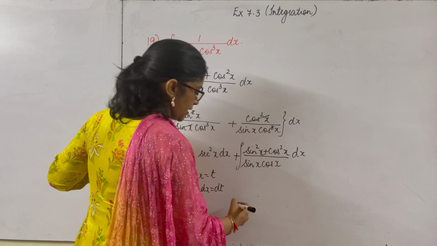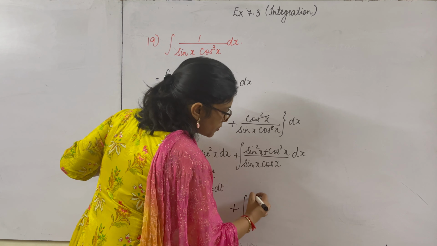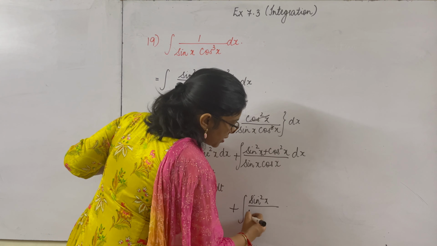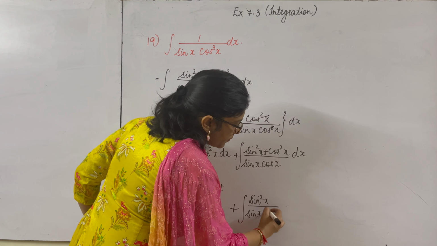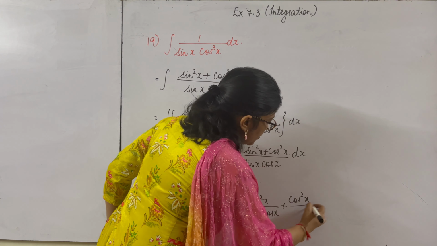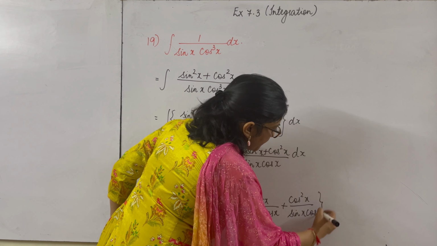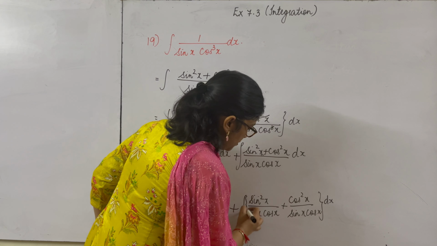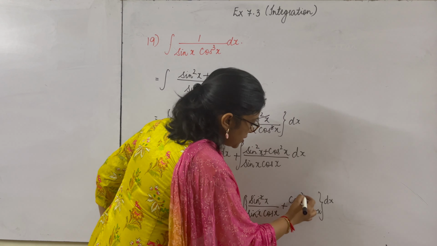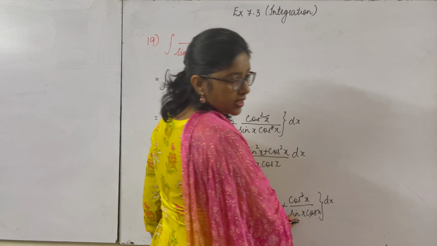In the second part, when you separate this, sin square x upon sin x cos x plus cos square x upon sin x cos x. Cancel the terms. Now we have sin by cos, which is tan, and cos by sin, which is cot.